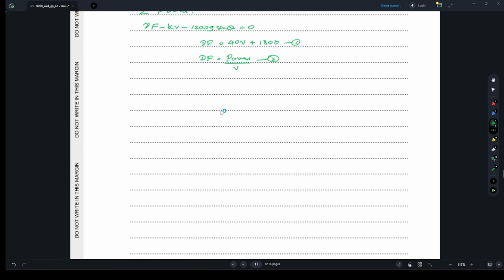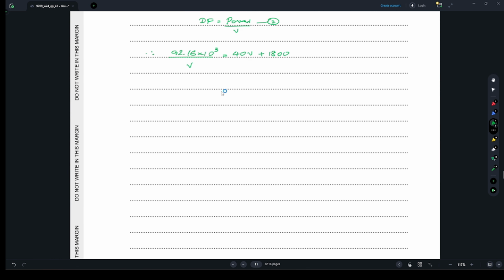So by equating these two I can write that the power is 92.16 times 10 to the power 3, and the velocity we don't know, v, and on the other side we can write 40v plus 1800.